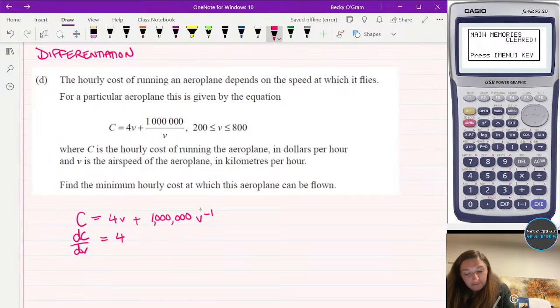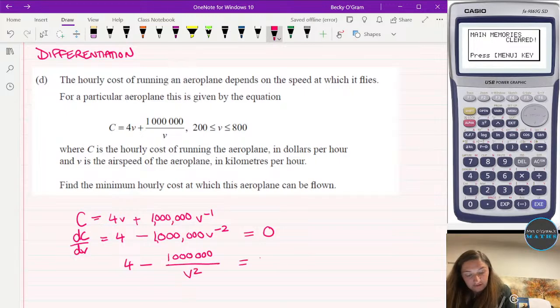Now, if we bring the -1 down, we're going to have a million v and then reduce the power by 1. We want to set that equal to 0. So that means it's 1 million over v squared is equal to 0.